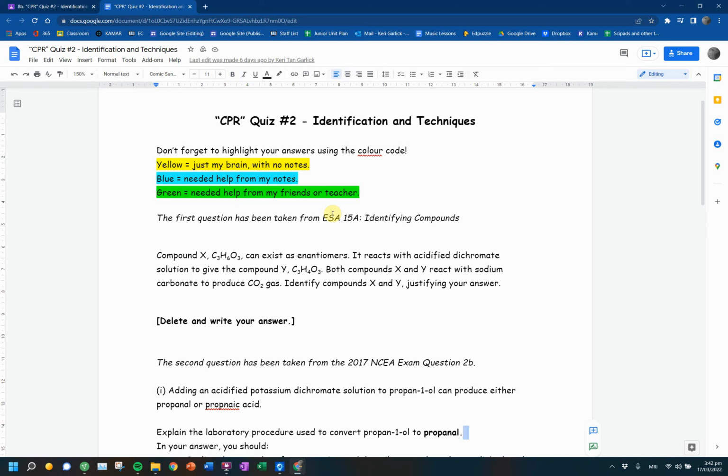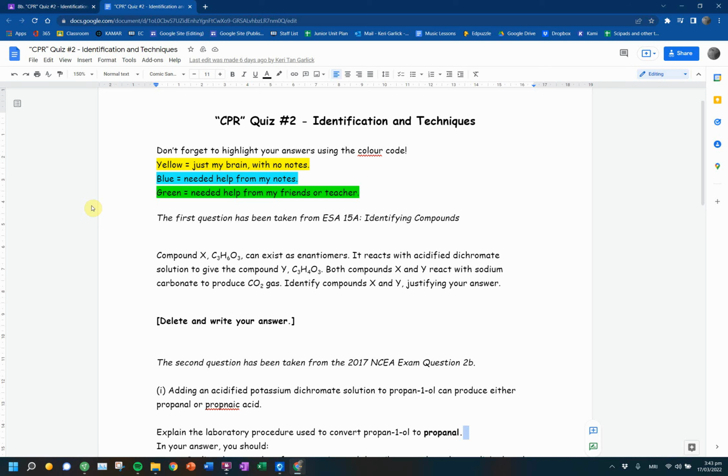All right, so the first thing to kind of keep in mind with this question is that they say that I have compound X. Let me just copy down some of that information. They've given me the molecular formula for compound X, which is C3H6O3. Cool. With that, it tells me that it reacts with dichromate, which is an oxidant.